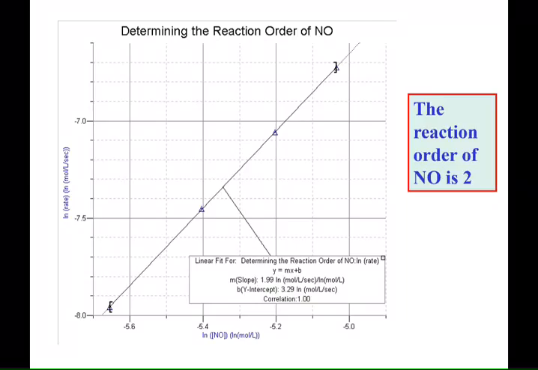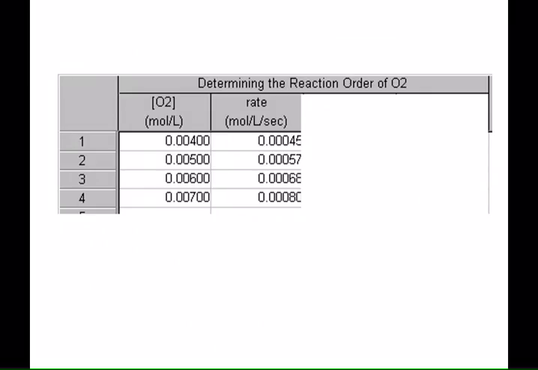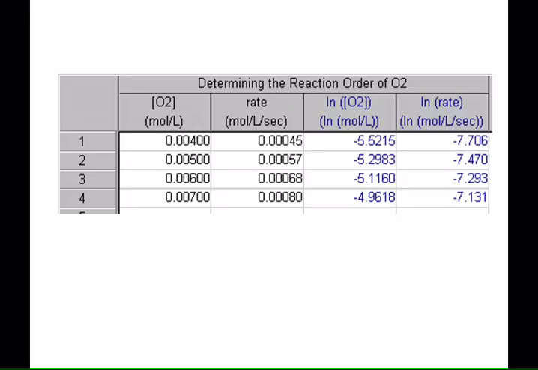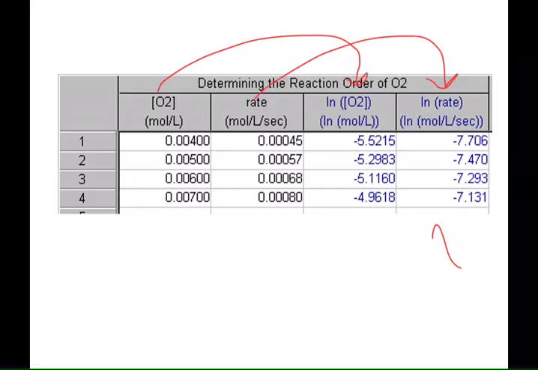All right, let's look at the second set of 4, where the O2 varied but the NO was constant. Again, we need to go ahead and use Logger Pro to come up with 2 calculated columns. This is the natural log of O2 and this is the natural log of rate. We're going to put the natural log of rate along the y-axis and the natural log of O2 along the x-axis.